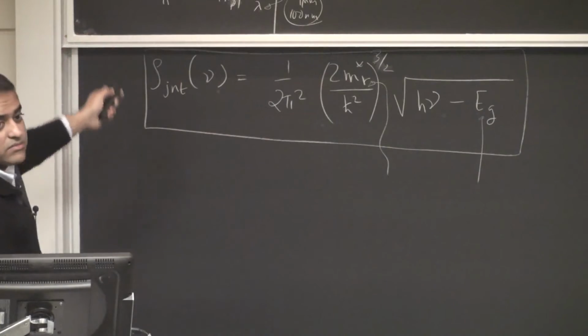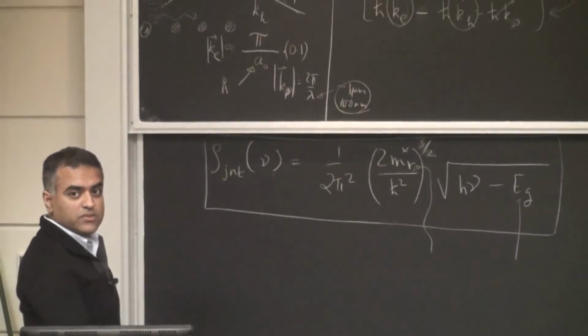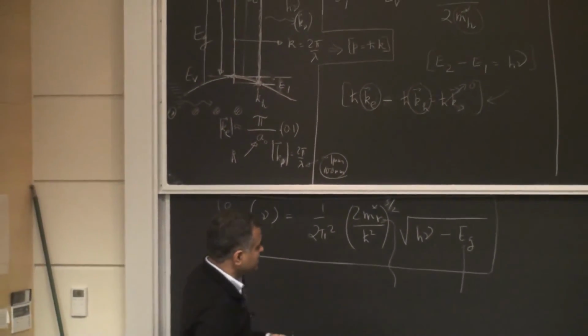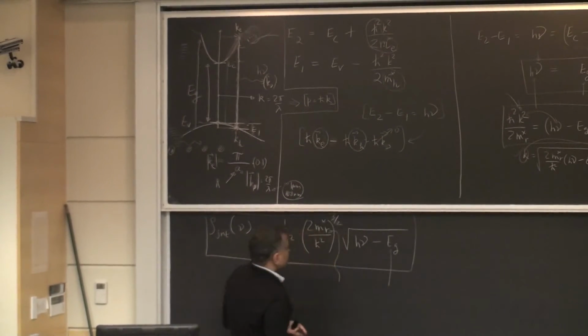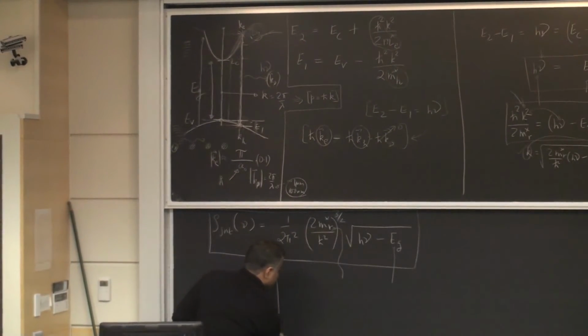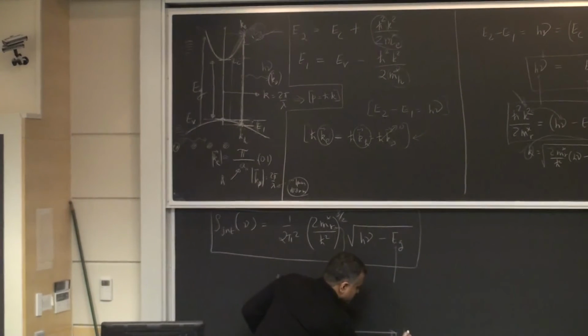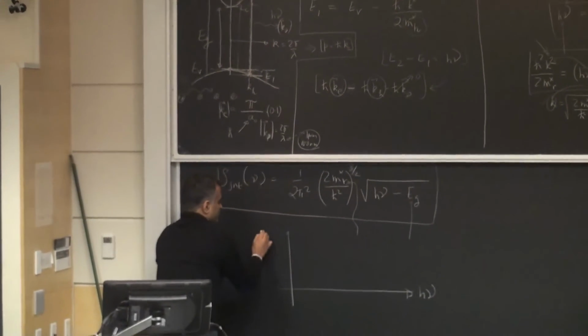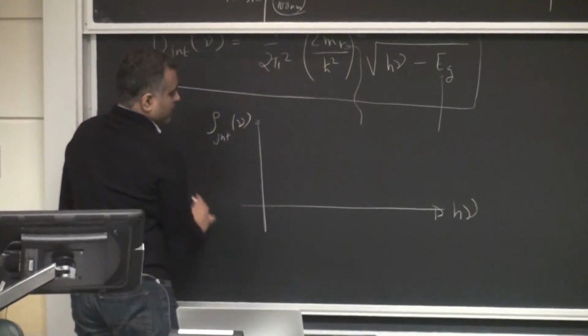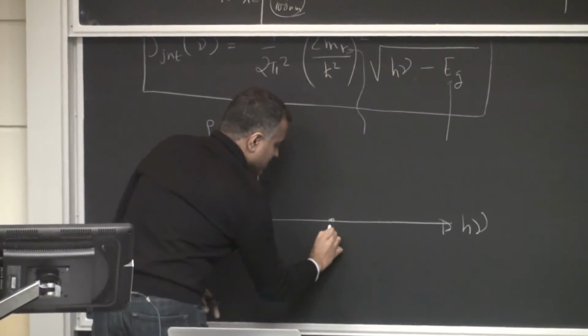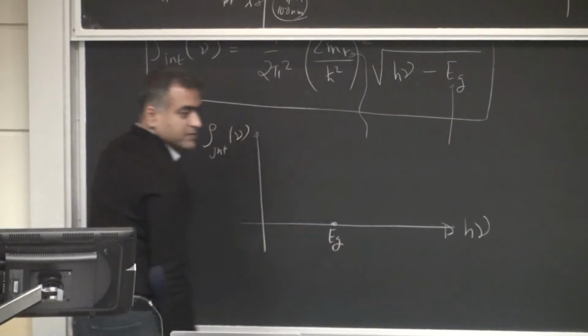That's the lowest energy photon you can emit, and once your energy becomes larger than the band gap, what it's saying is really that the joint density of states as a function of h nu is 0, it starts at the band gap, right?